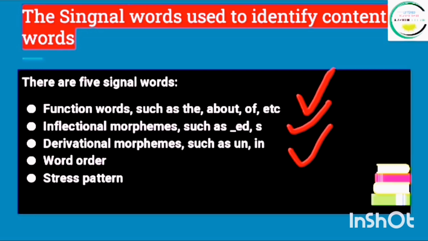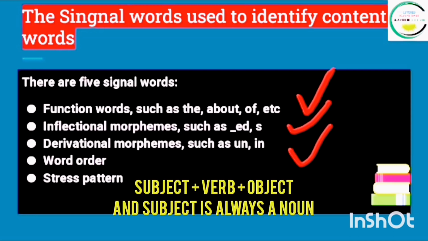And the fourth signal word is word order. We may use word order to identify content words in a sentence. For example, the syntactical pattern of the sentence is subject plus verb plus object. If a word is used as the subject of a sentence, it must be a noun.